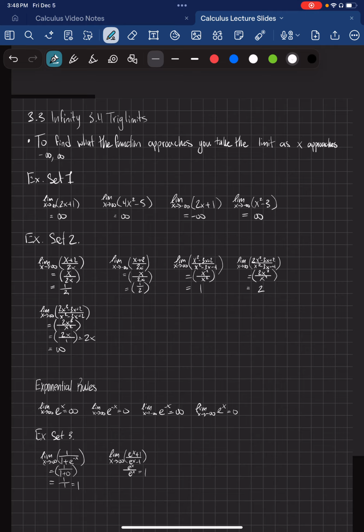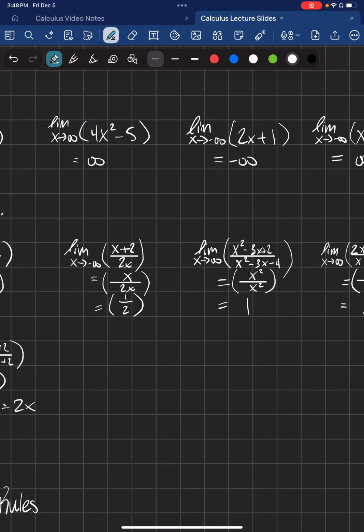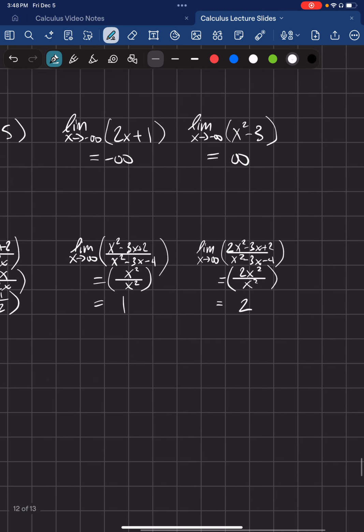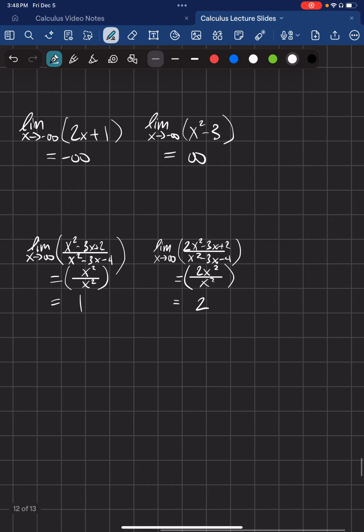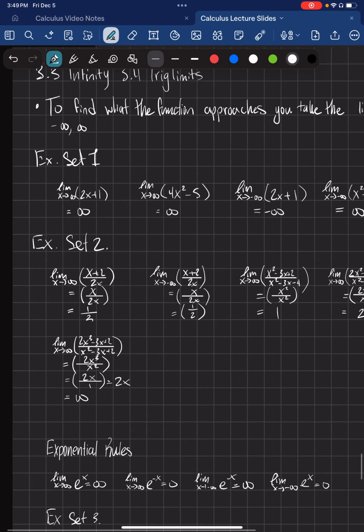And then we also learned techniques where once we were able to get rid of those coefficients or lesser degree parts, we were able to just subtract away the lesser parts and end up with actual values for these limits, as we saw here with x plus 2 over 2x, where we were able to get 1/2, or this one, x squared minus 3x plus 2 divided by x squared minus 3x minus 4, right? We were able to get 1, and then the other question right next to it, 2 respectively, right?